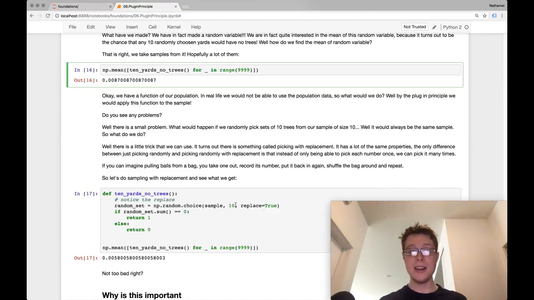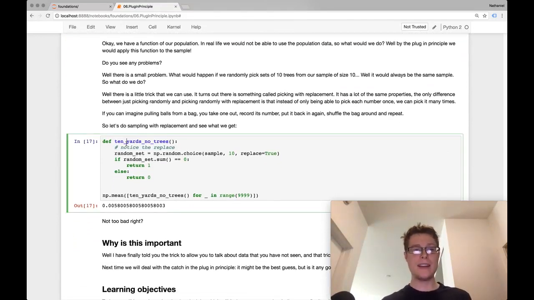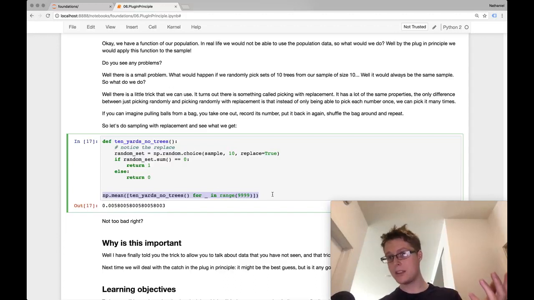So we go ahead and do this. I make a new random variable, 10 yards, no trees. I sample from the sample. In this case, I make sure to sample with replacement. The random variable is the same otherwise. And I go ahead and I sample from it 10,000 times. This is the exact same function that we applied to our population, except we're sampling from the sample now, right?